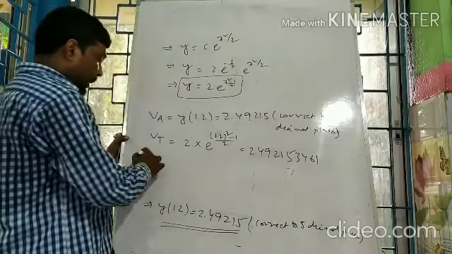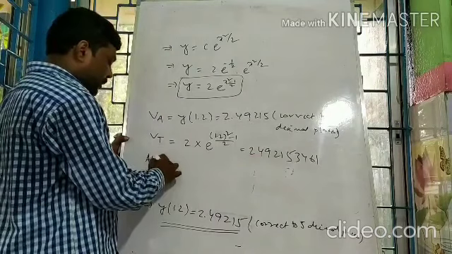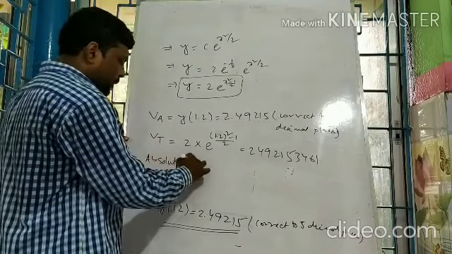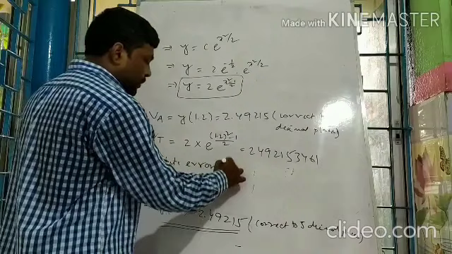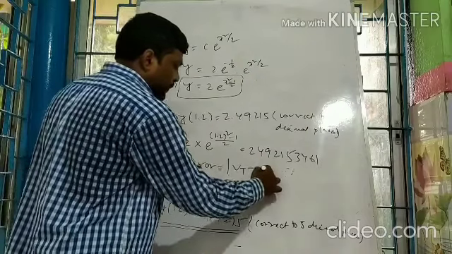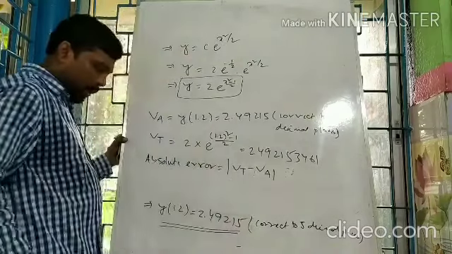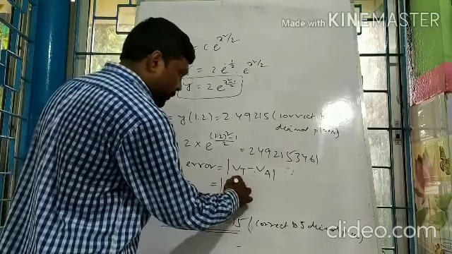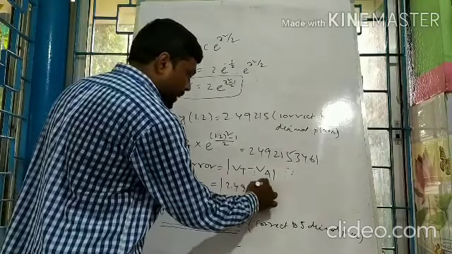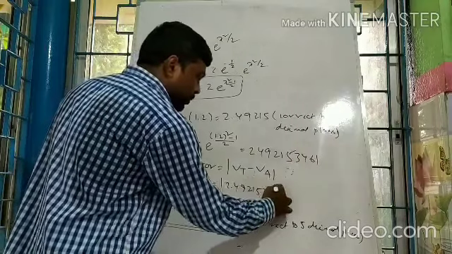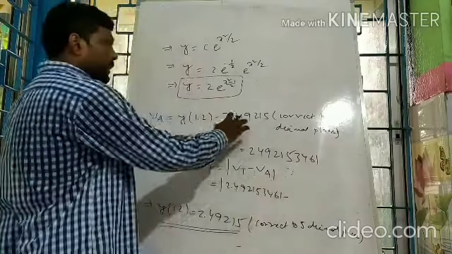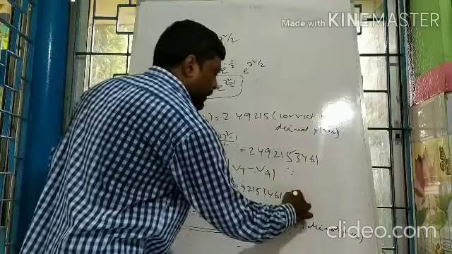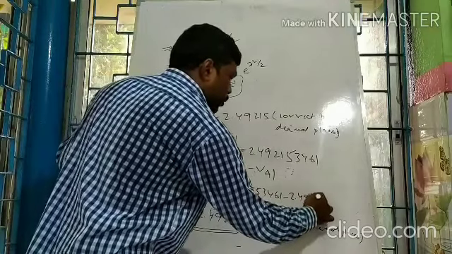So the absolute error is the mod of Vt minus Va. So this equals 2.4921553461 minus the approximate value, 2.49215.